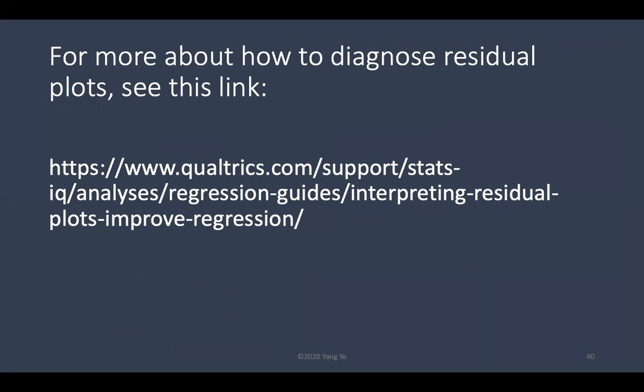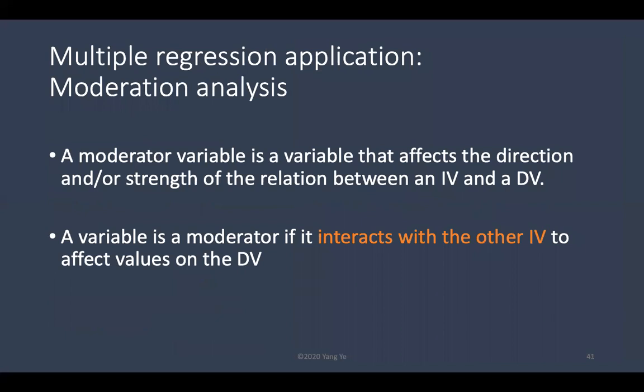All right, so the next step, as I said earlier: multiple regression can be used for different purposes, and one of the important applications is to engage in moderation analysis. Again, a moderator is a variable that affects the directional strength of the relation between another IV and a DV.